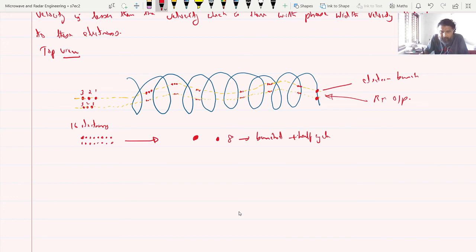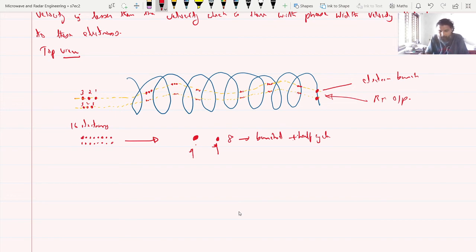During the negative half cycle, another 8 electrons will be bunched, which has the same electron trajectory because of the magnetic field. The 8 electrons will be bunched, but it is delayed.